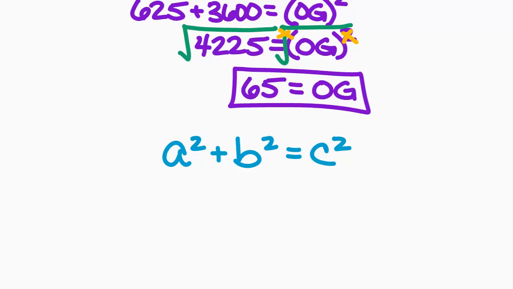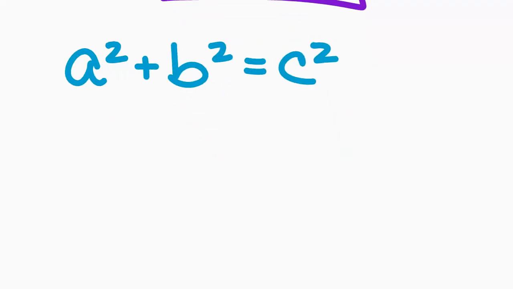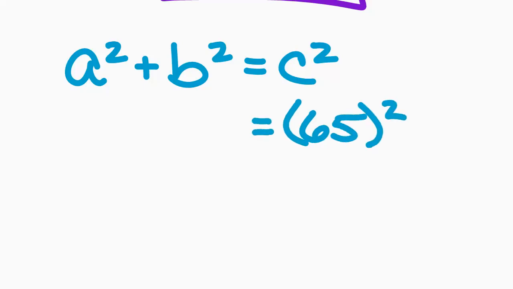OJ, this right here is my hypotenuse. 65 is my hypotenuse, because that's the radius. Remember, O to C is 65, but we're going to try to find the distance from O to J. So we're going to put 65 in the place of C. What should we put in for A and for B?